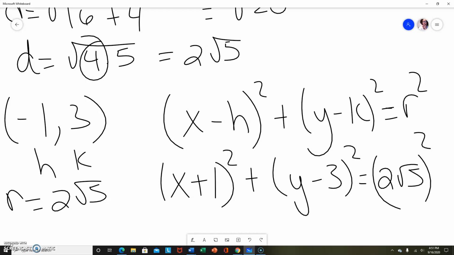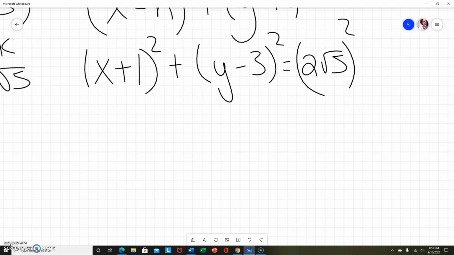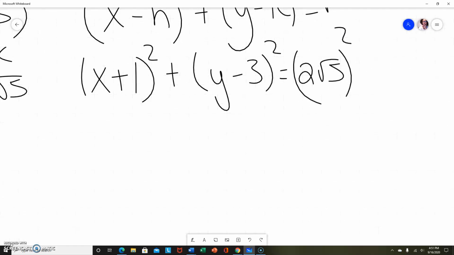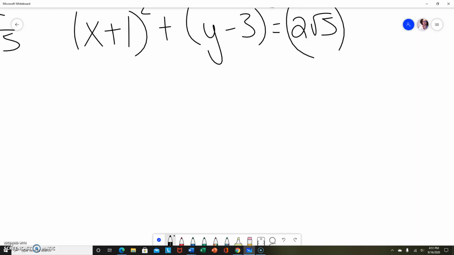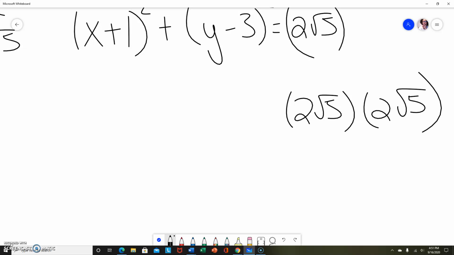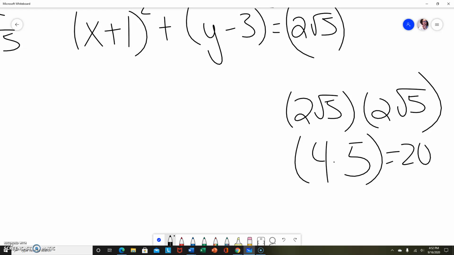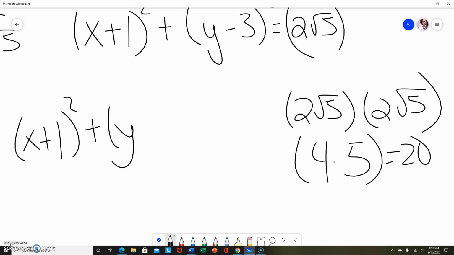So let's move it up just a little bit so we can do that math. 2√5 squared, what is that? We'll do 2√5 times 2√5. So we get 4 times √5 squared, which is 5, which is 20. So that's what I meant by we already know the answer, because we just found it when we did the distance formula.